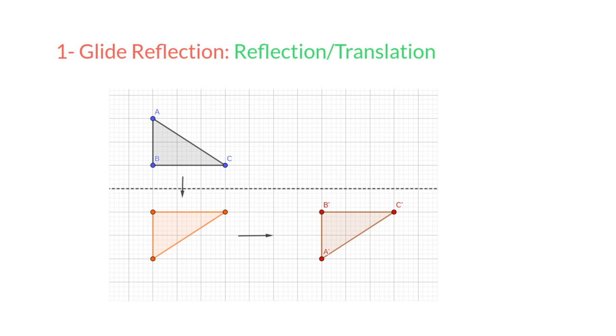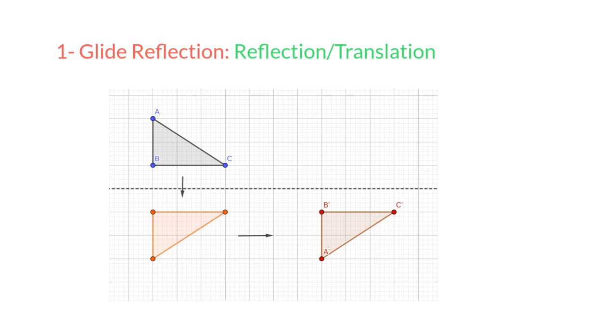For example, if we start out with this triangle ABC and then reflect it across the dotted line in order to create an image, but then translate that red triangle going from the original black triangle to the second red triangle, that would be a glide reflection.